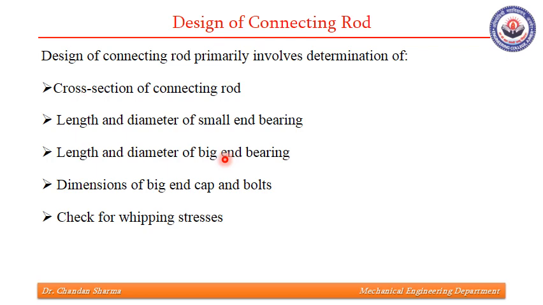So we need to find the length and diameter of the small end bearing, and the length and diameter of the big end bearing. And since the big end bearing will have a big end cap which is fastened by means of bolts, we need to find the dimensions of the big end cap and bolts also. And then in the end we need to check for whipping action. What is this whipping action? We'll discuss it in the coming slides.